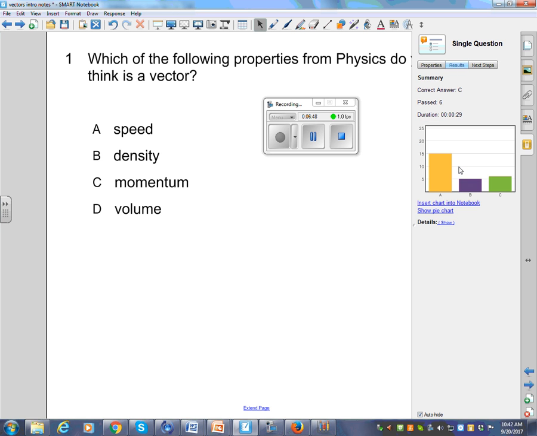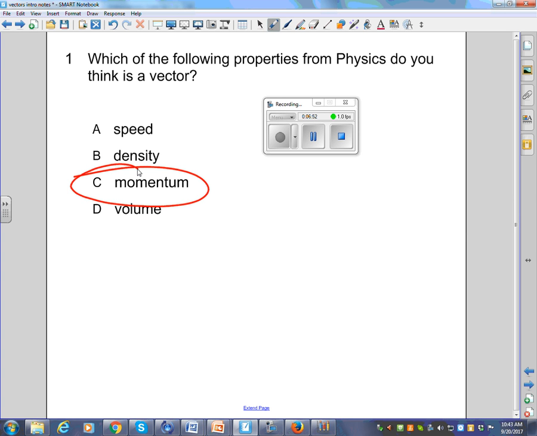Okay, and the answer is C, momentum, not speed. Had you been paying attention, instead of being on your phone during the football video, they talked about the speed of the receiver, I think, right? Then they talked about the velocity, which is speed plus a direction. So speed is the scalar version, velocity is the vector version.